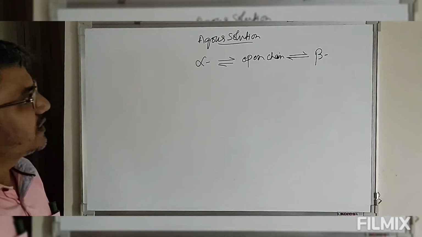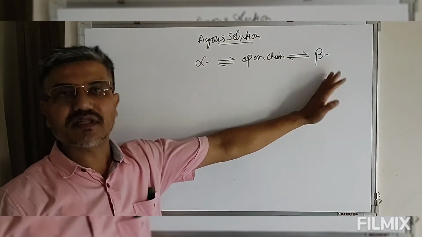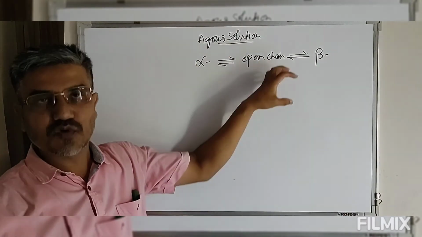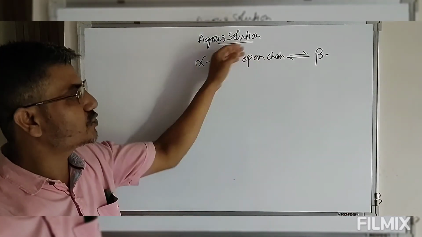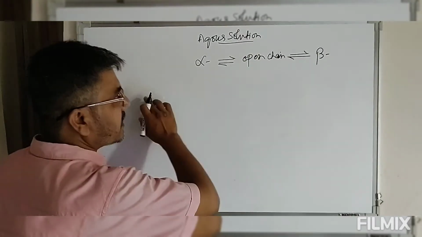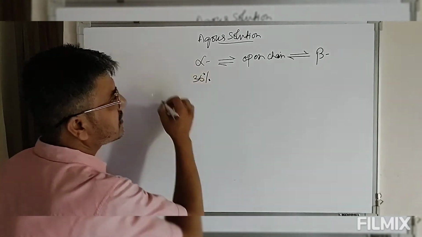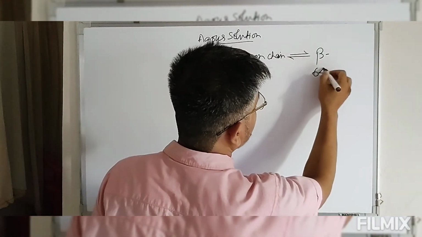That means alpha can be converted into beta and beta can be converted into alpha, both are in equilibrium, and this equilibrium is through open chain structure. In this equilibrium, alpha exists in 36%, beta exists in 64%.